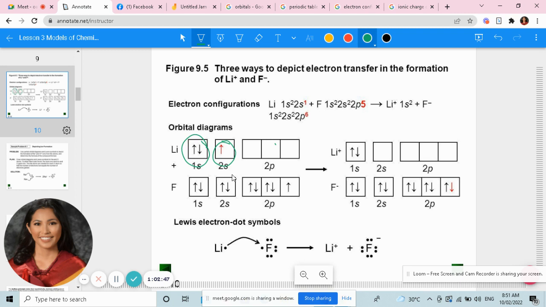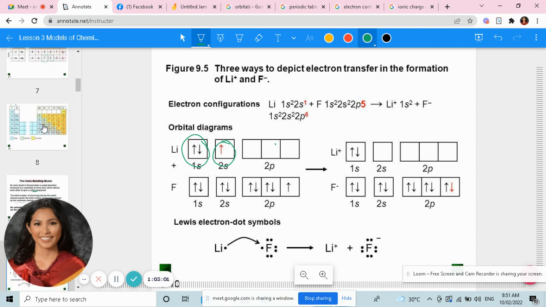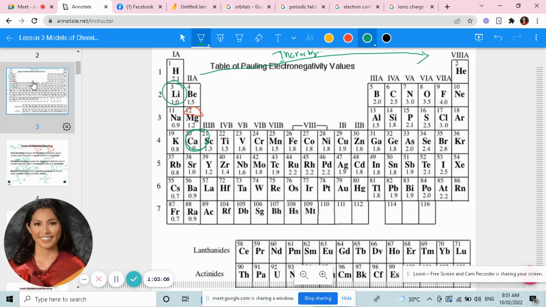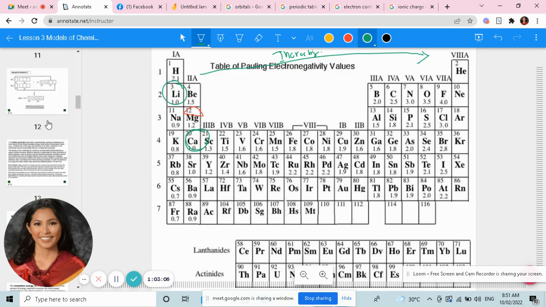We also have fluorine. How many electrons? 9.